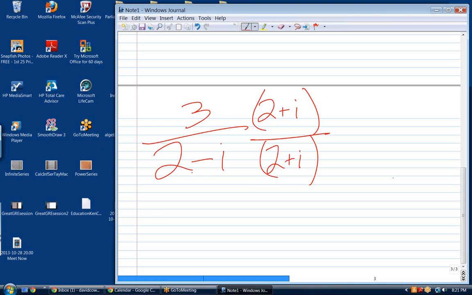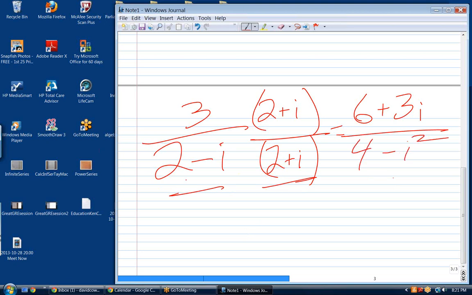In other words, my goal is to get rid of this i. I can't stand it in the denominator. I don't mind having it in the numerator. There it is in the numerator. But in the denominator, think of this as the difference of squares factored. So I know that this is going to be 4 minus i squared after I multiply 2 minus i times its conjugate.